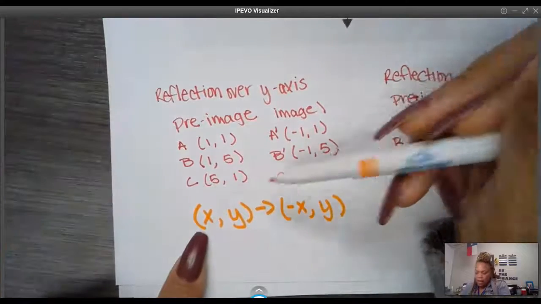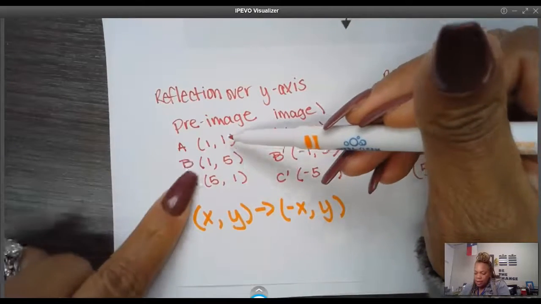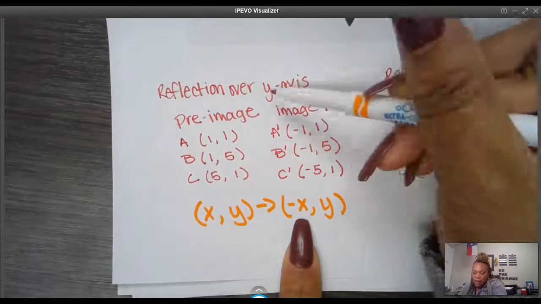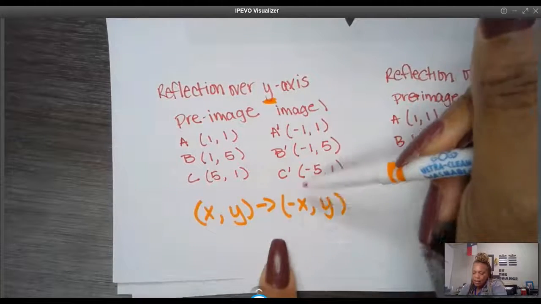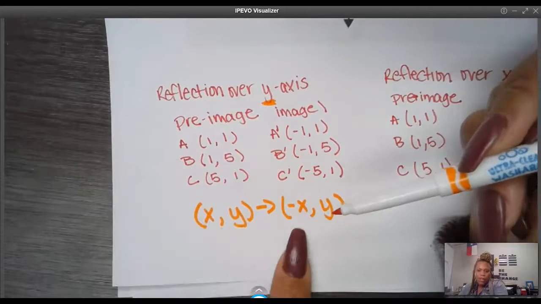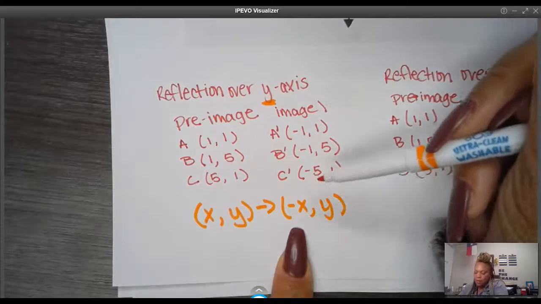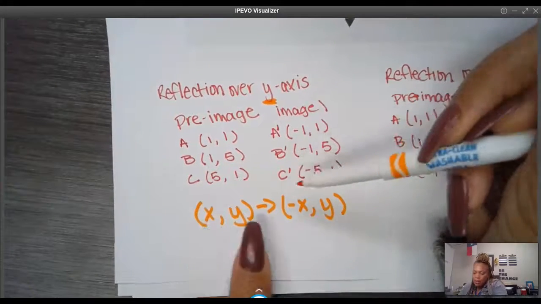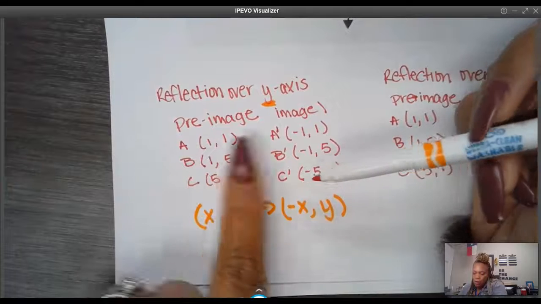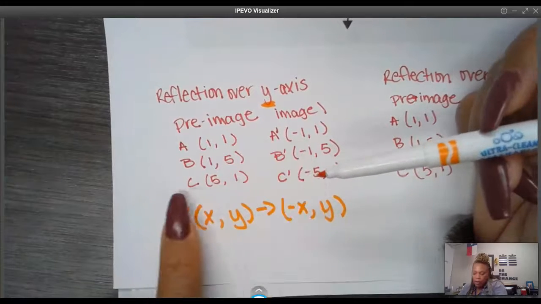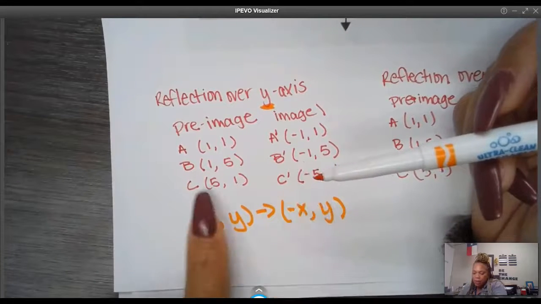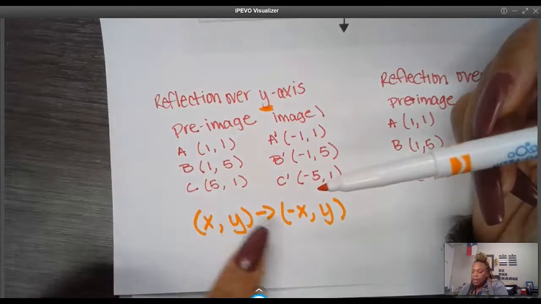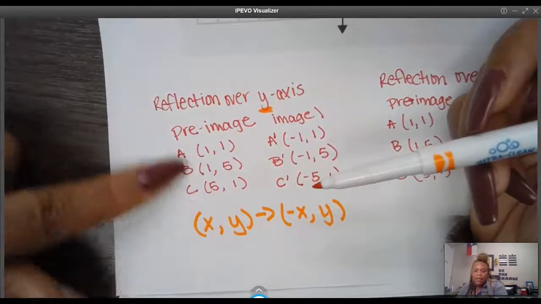So this x stayed the same number, but now it is a -x. When I flip over the y-axis, my x-coordinate just became the opposite. This was 1. The opposite of 1 is -1. 5, -5. x, -x. It is the opposite of whatever the x value is.